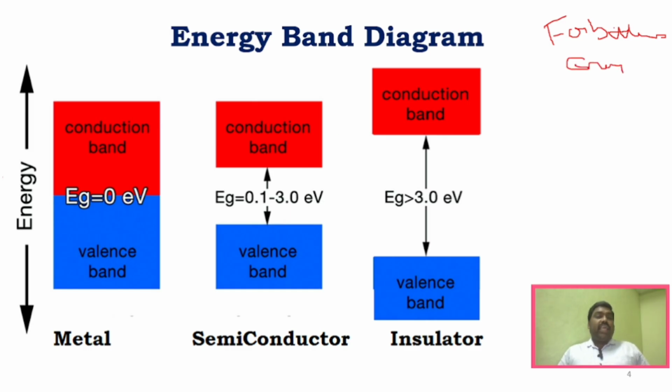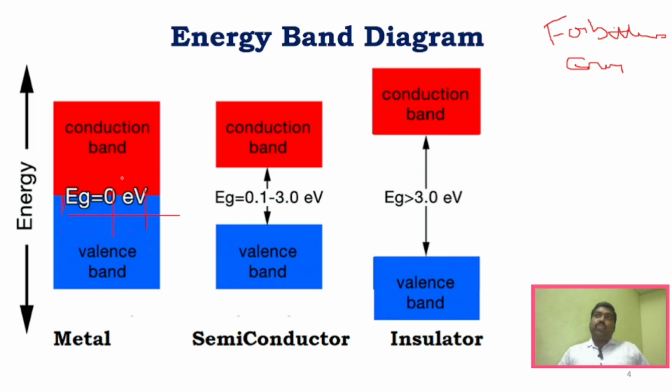If you take a conductor, you can see there will be overlapping between the conduction band and the valency band, and there is no forbidden energy gap, which means we can say that the forbidden energy gap is 0 electron volt, right? So the electrons which are normally present in the valency band can directly move to the conduction band, and because of this movement conduction will take place.